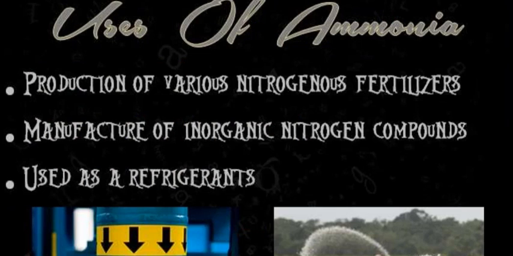Then the uses of ammonia. Ammonia is used in production of various nitrogenous fertilizers such as ammonium nitrate, urea, ammonium phosphate, ammonium sulfate, etc. And it is also used in the manufacture of inorganic nitrogen compounds, the most important compound, nitric acid.